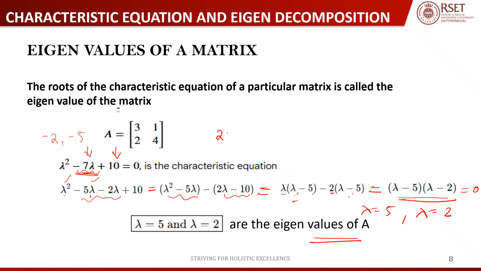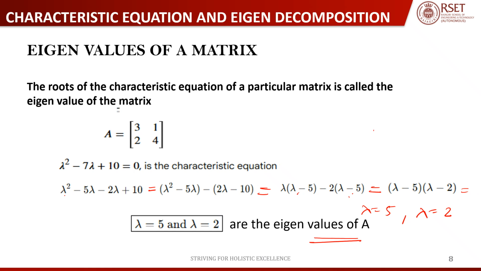And if it is a 2 by 2 matrix, you will have two eigenvalues. Okay, they can be real, they can be equal, they can be complex, whatever, but if you have an n by n matrix, you will have n eigenvalues. Okay, so that's it about the eigenvalues.